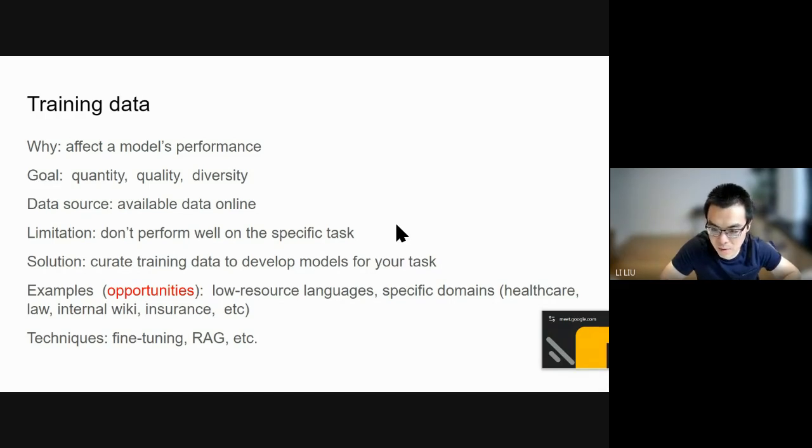Some other popular applications are around solving specific domain challenges. I think these are also where most of the startup or AI project opportunities lie right now. For example, in healthcare, law, company internal wikis, and insurance.